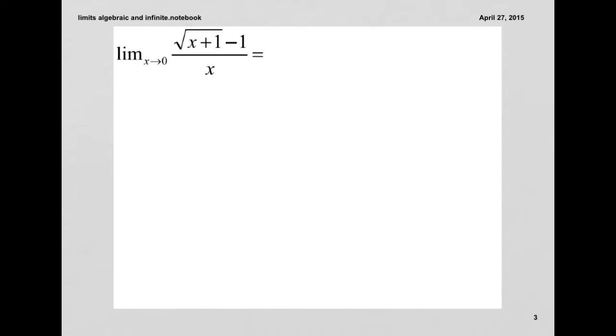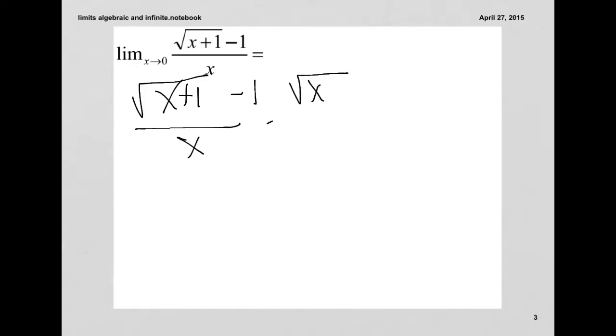I have the square root of x plus 1 minus 1 over x, and I'm going to multiply the top and the bottom by the square root of x plus 1 plus 1. I do that to both the top and the bottom because all I'm doing is multiplying by 1. I'm not changing the value, I'm just changing the way it looks.